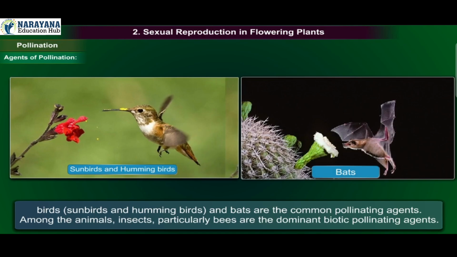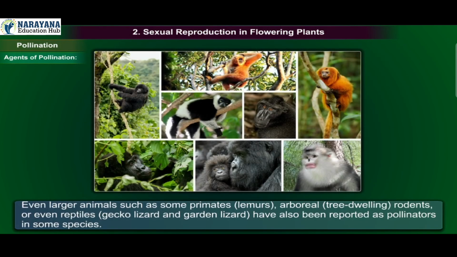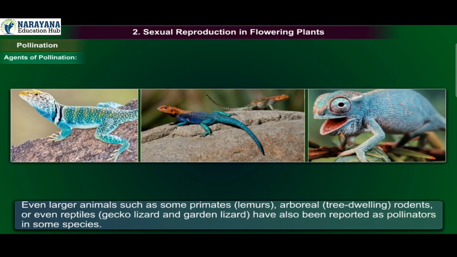Among the animals, insects, particularly bees are the dominant biotic pollinating agents. Even larger animals such as some primates, that is, lemurs, arboreal, that is, tree-dwelling rodents, or even reptiles, that is, gecko lizard and garden lizard, have also been reported as pollinators in some species.